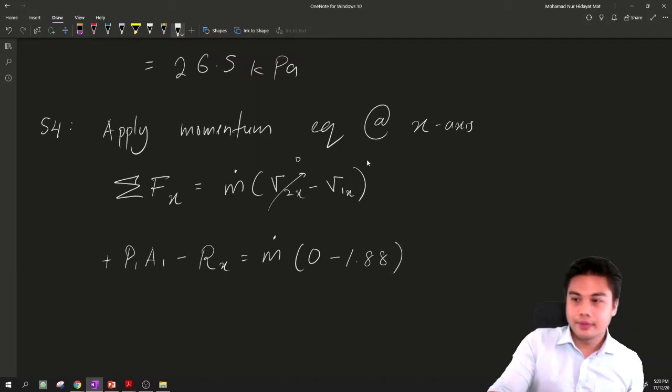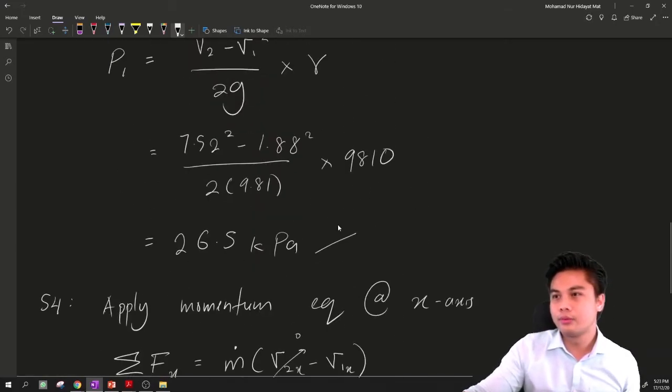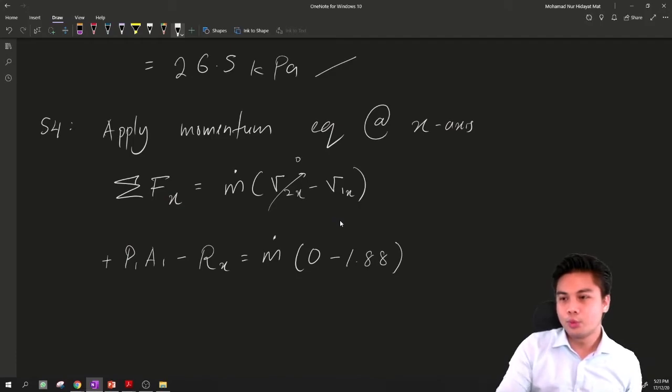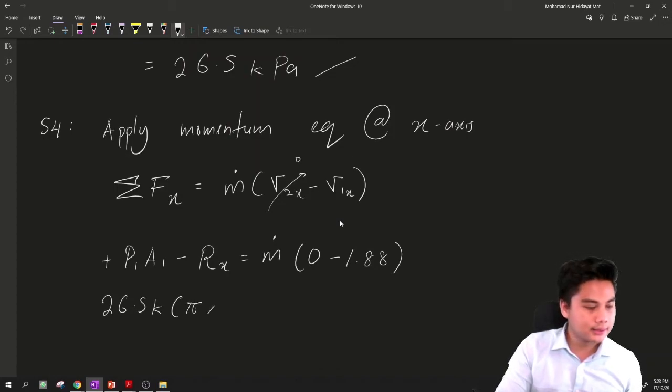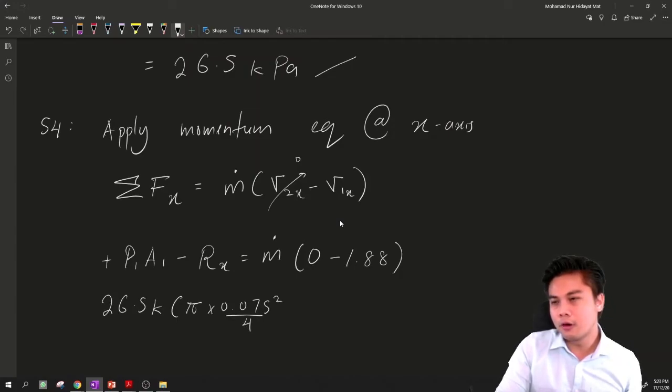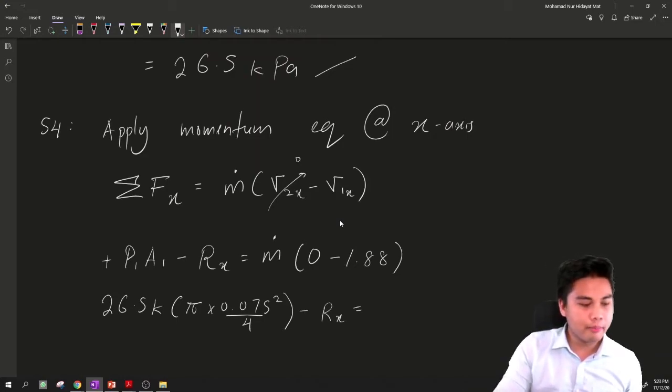So here P1 is the one we got earlier, 26.5 kilopascal, multiplied with area at point 1, which is pi times diameter 0.0755 squared over 4, minus Rx, equal to mass flow rate.